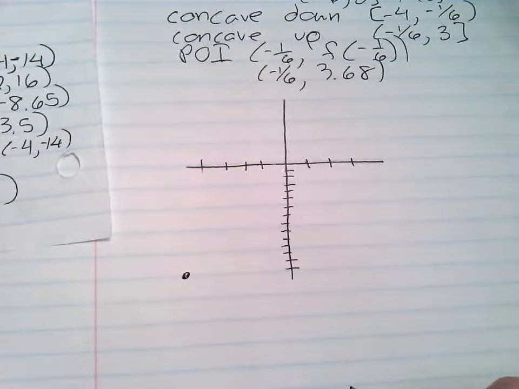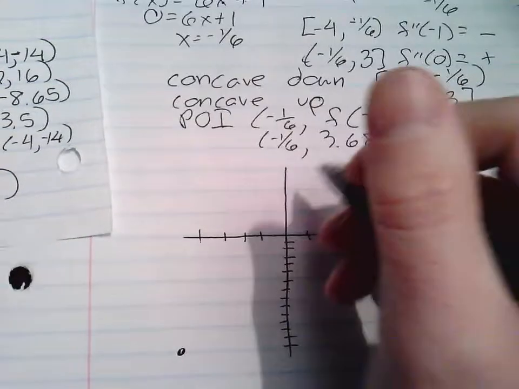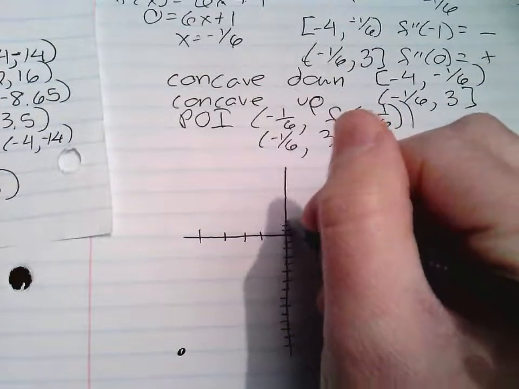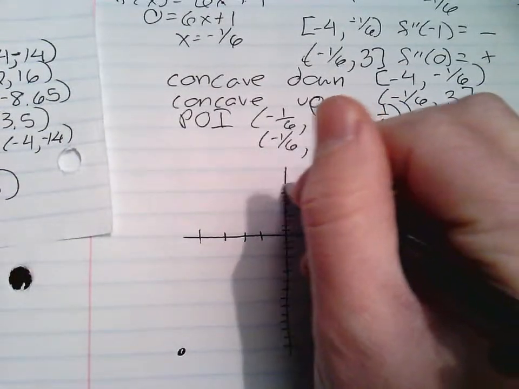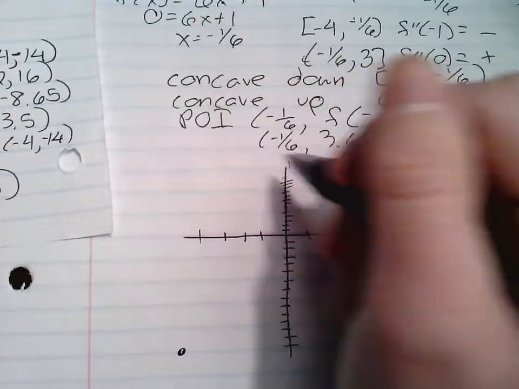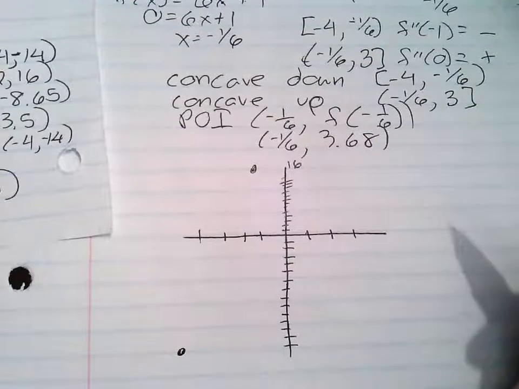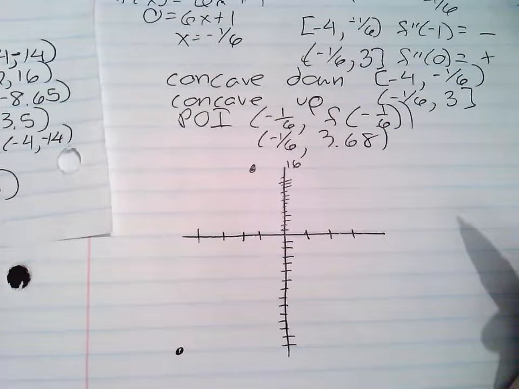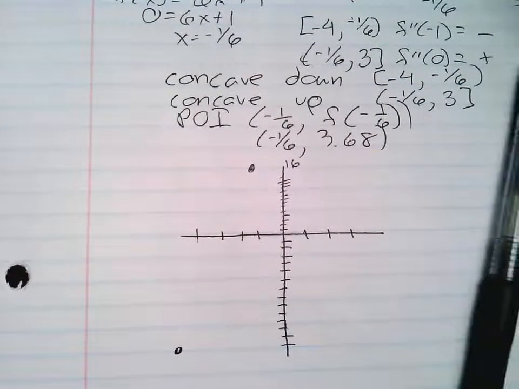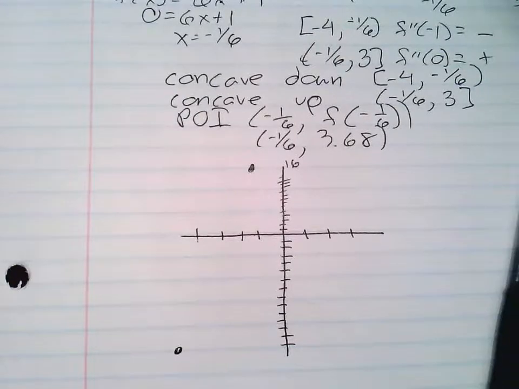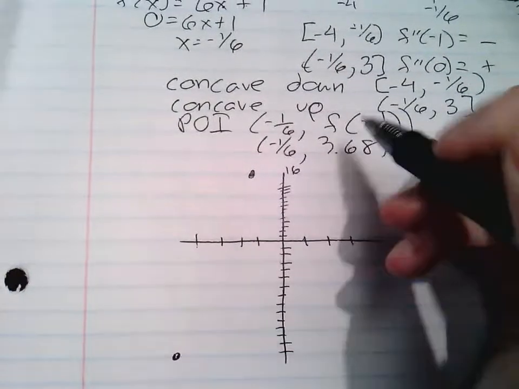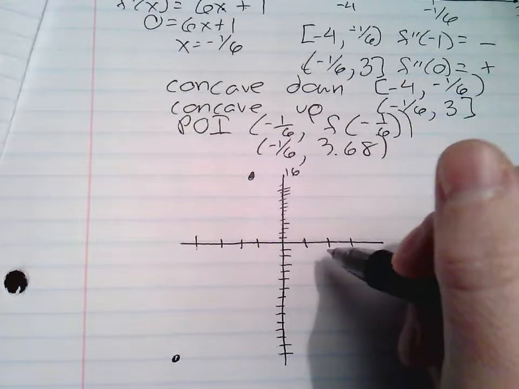Negative 2, 16, I'm not going to make that up there, it's 16 up here. Then 5/3, so that's like 1.66, is negative 8.65.